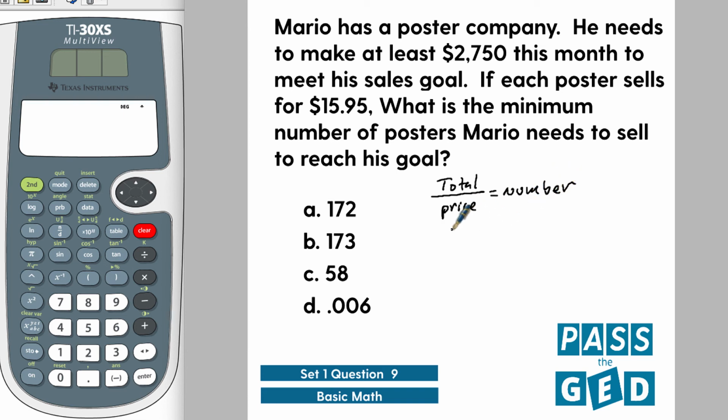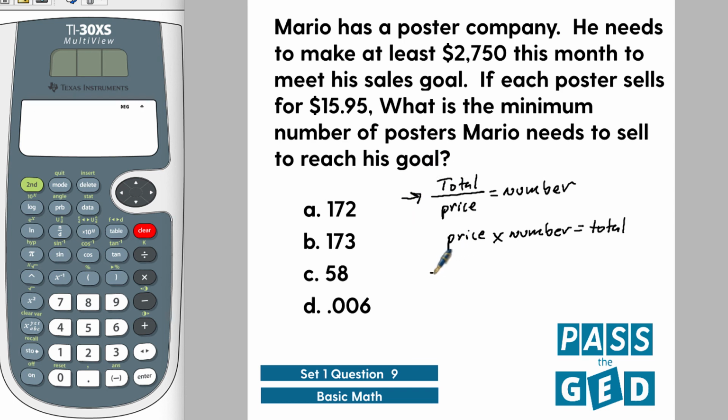And so if you think of this the other way, sometimes test makers like you to know that the price of a t-shirt times the number that you sell will give you your total sales, right? And so all we're doing is just reorienting these equations so that we can use this one here.